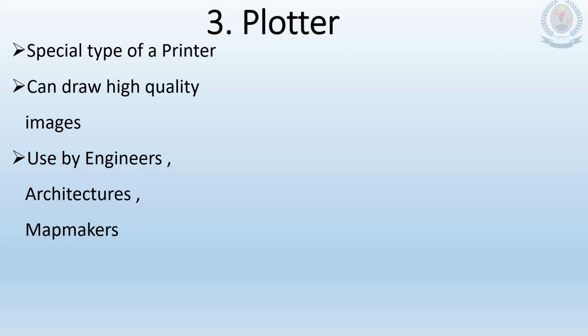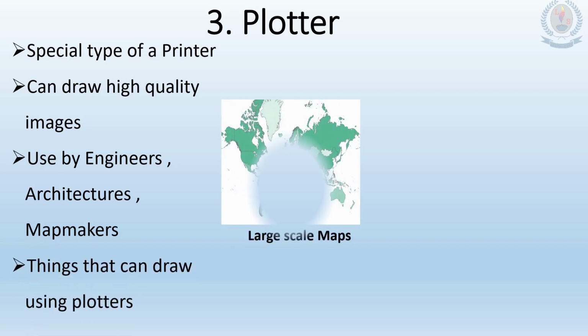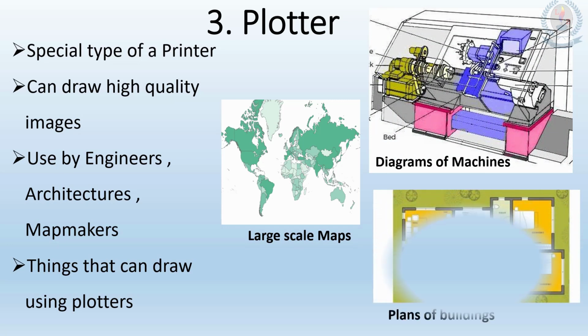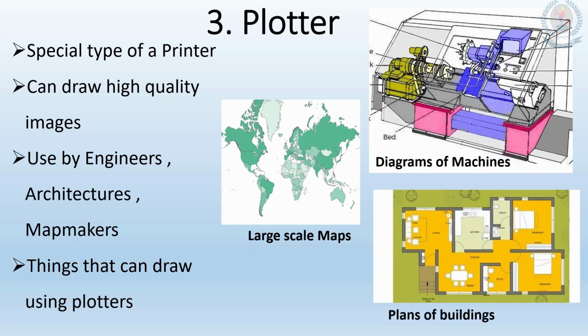These people use plotters because the things we can draw using plotters are large scale maps, diagrams of machines, and house plans, that means plans of buildings. These things are done by engineers, architects or map makers. Therefore the plotters are used by these people.